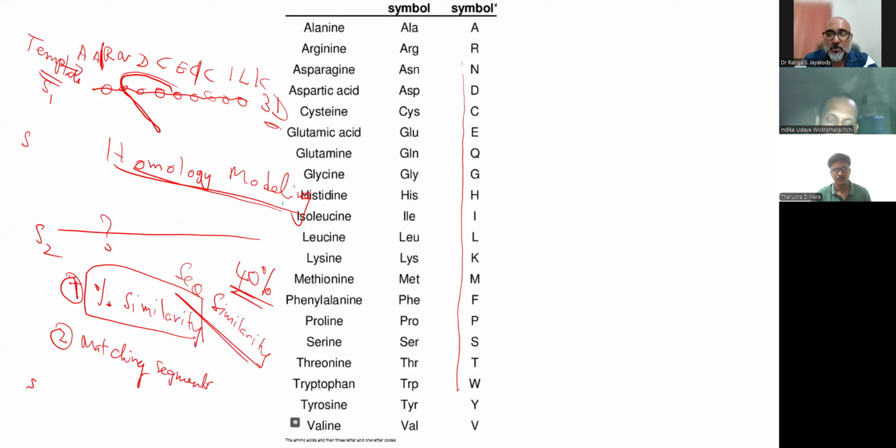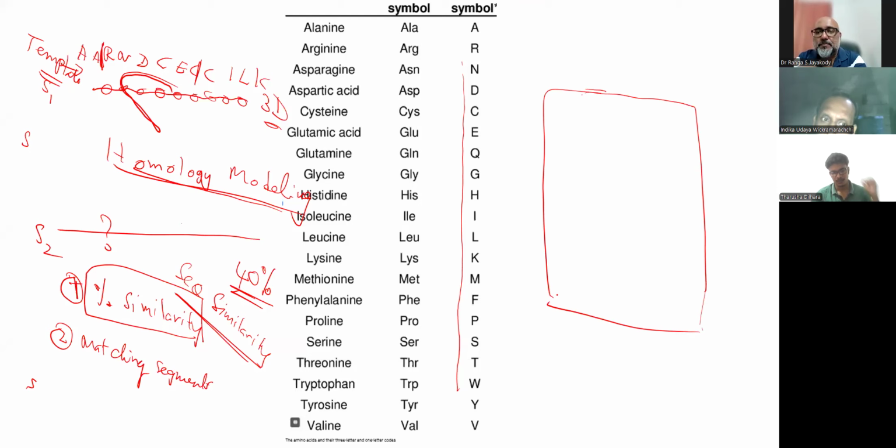Okay. Now, what is the next challenge? So I have a database of protein structures. This is the database of protein structures, the protein database, where as of 2024, as of today, there are nearly 300,000 protein structures, right?